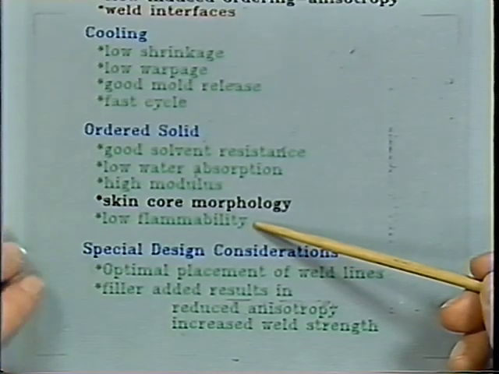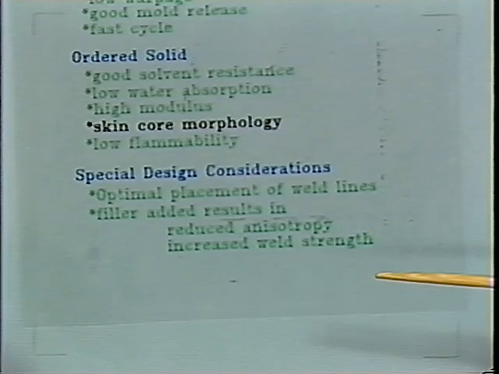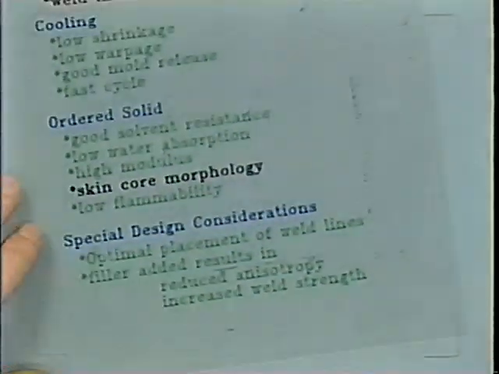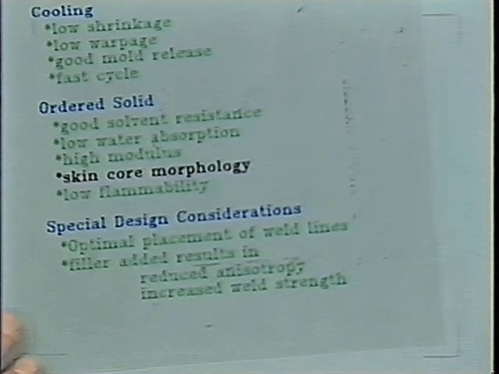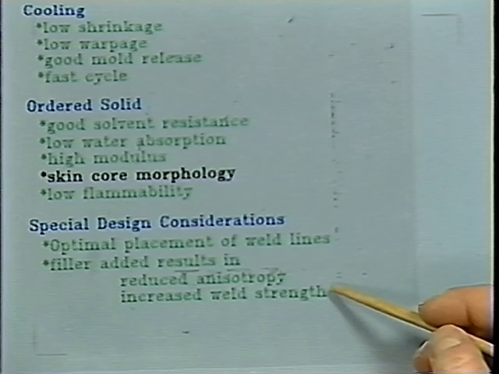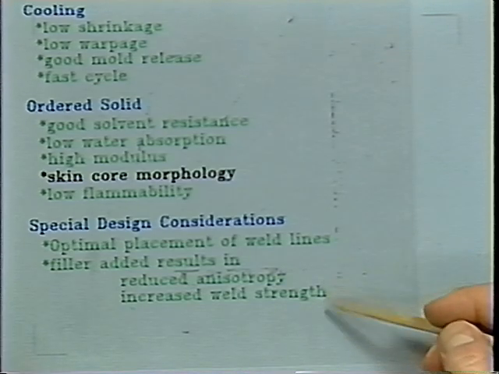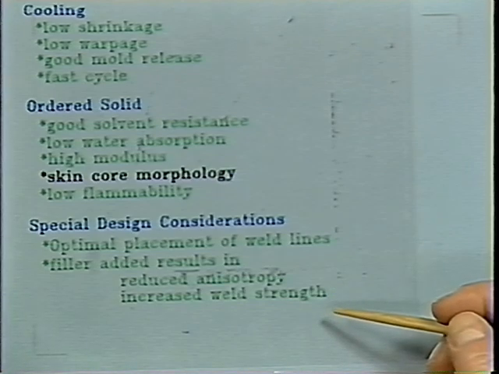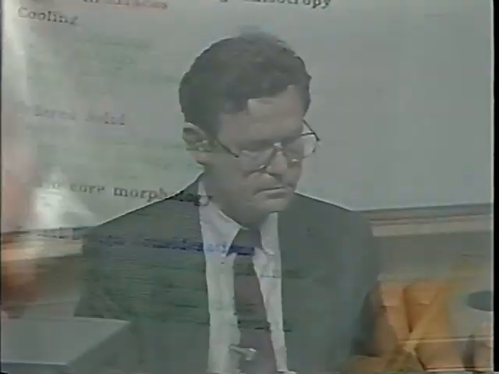The low flammability is another property which makes liquid crystals interesting for transportation applications. And then there are all those optical properties which are coming in, which we will see in the next lecture. So that also gives rise to a whole range of interesting morphologies, interesting properties, interesting applications.